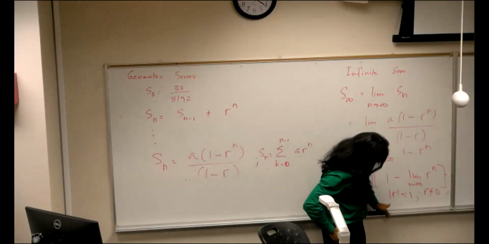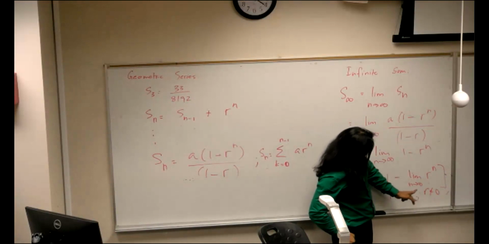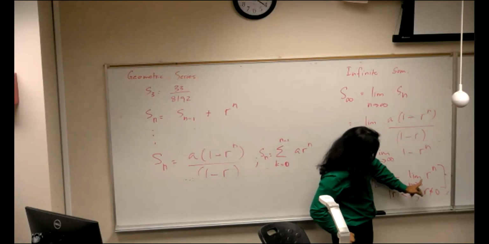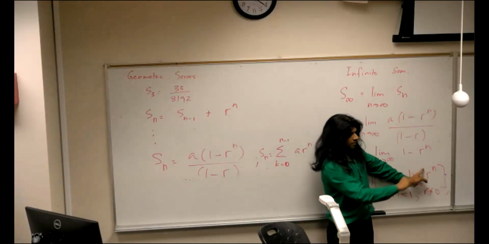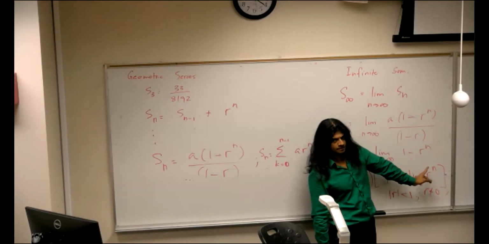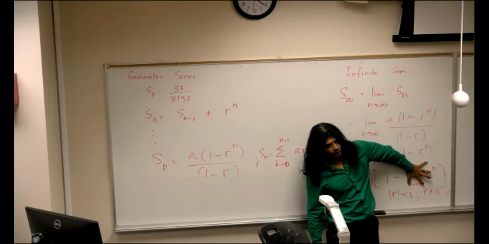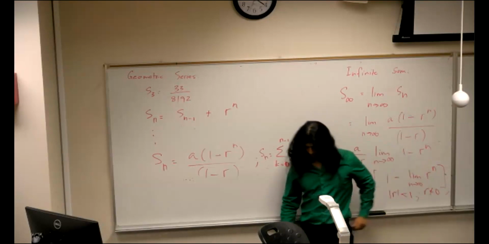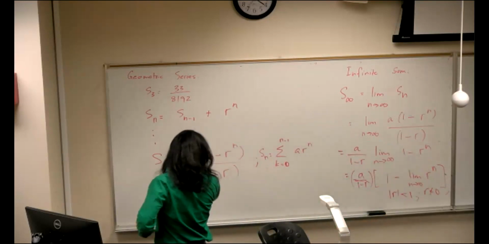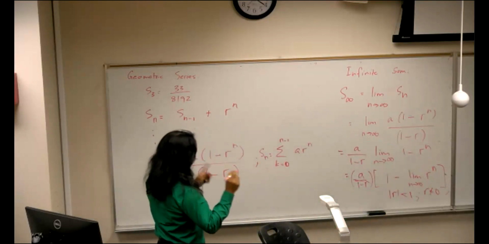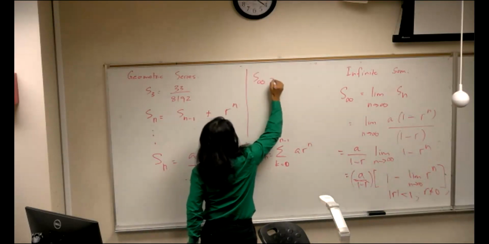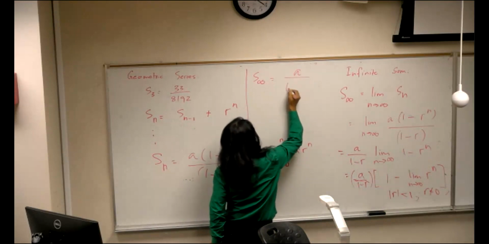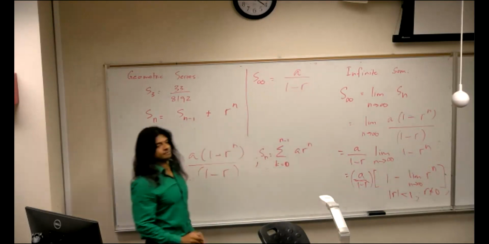So if r is a proper fraction and not equal to 0, of course, will that term become 0 as n approaches infinity? Yes, that will go away. Left with just that. Good.